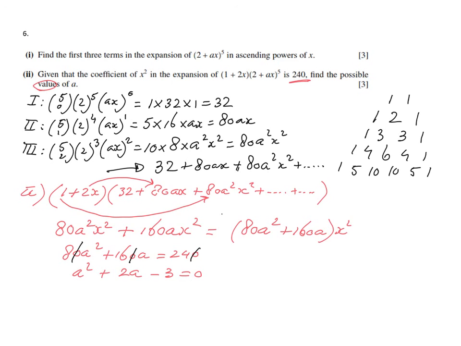You can use the formula, but easier is to factorize, or quicker anyway. So that's going to be numbers that multiply to minus 3 and add to 2, so plus 3 and minus 1. Apologies, I said x there, it should be a. So (a + 3)(a - 1) equals 0. So I will say a equals minus 3, or a equals 1. The zero product property.